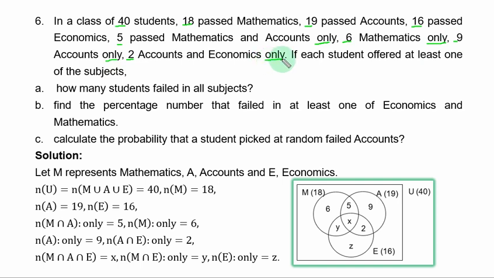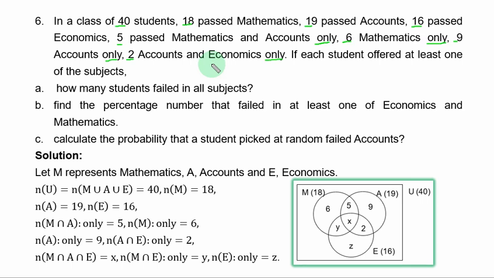If each student offered at least one of the subjects, A, how many students failed in all subjects? B, find the percentage number that failed in at least one of economics and mathematics. C, calculate the probability that a student picked at random failed accounts.